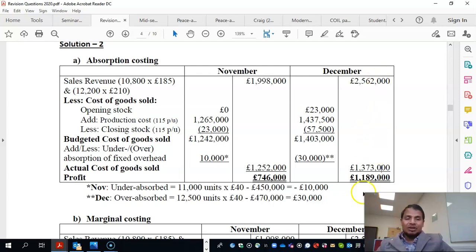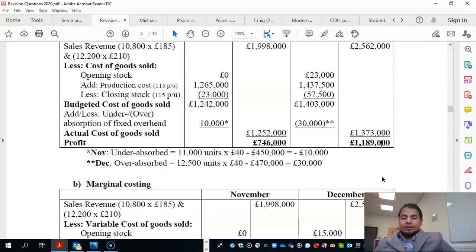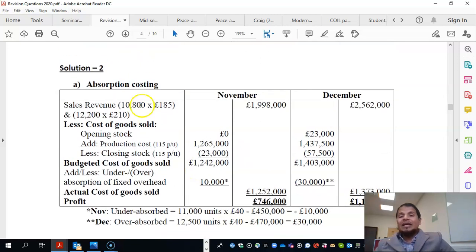So if we deduct this one, then we will get 1,189,000 is our profit. Okay, I hope you understand under absorbed and over absorbed, and remember, under absorption and over absorption can only happen in absorption costing.